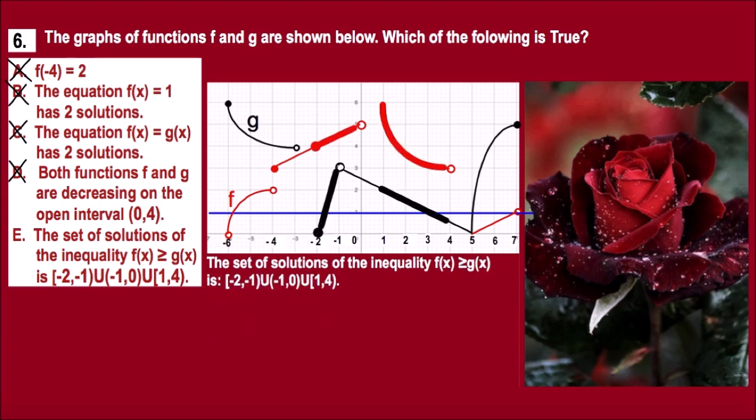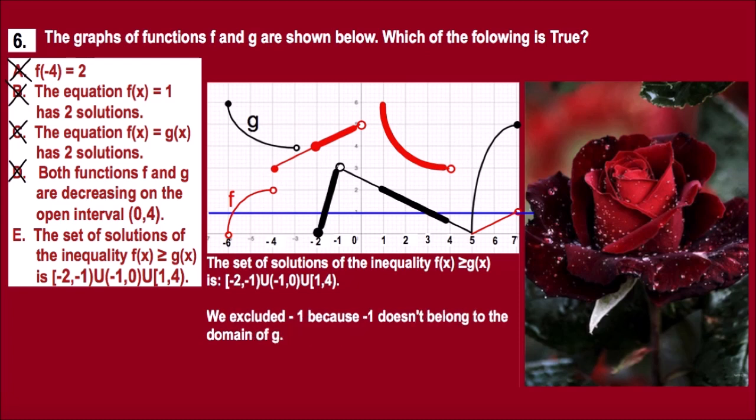The set of solutions of the inequality f of x greater or equal to g of x is closed interval -2, -1 open interval, united with open interval -1, 0, united with closed interval 1, 4 open interval. We included -2 because it belongs to both domains, and f of -2 is greater or equal to g of -2.